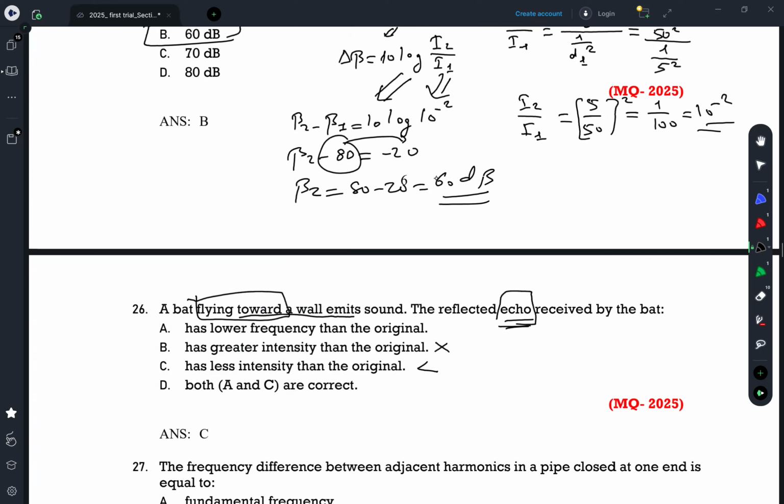What about the frequency? In the case of approaching, frequency increases, it doesn't get lower. So the frequency of the pitch detected by the bat should increase, but this option says lower, so it is not correct either. Only C is the correct choice for this question.